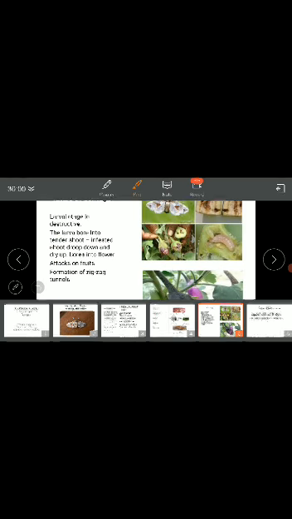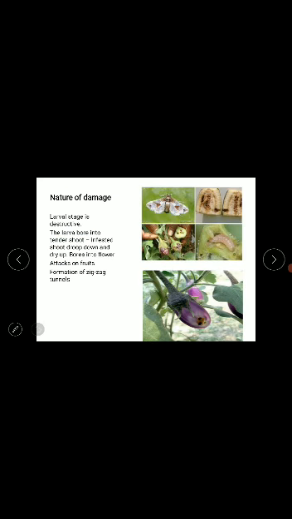Okay, next to that, the nature of damage: how the larva damages the host plant, or how that particular brinjal fruit borer damages it. The name itself indicates brinjal fruit borer, so specifically these pests directly attack the fruit of brinjal.